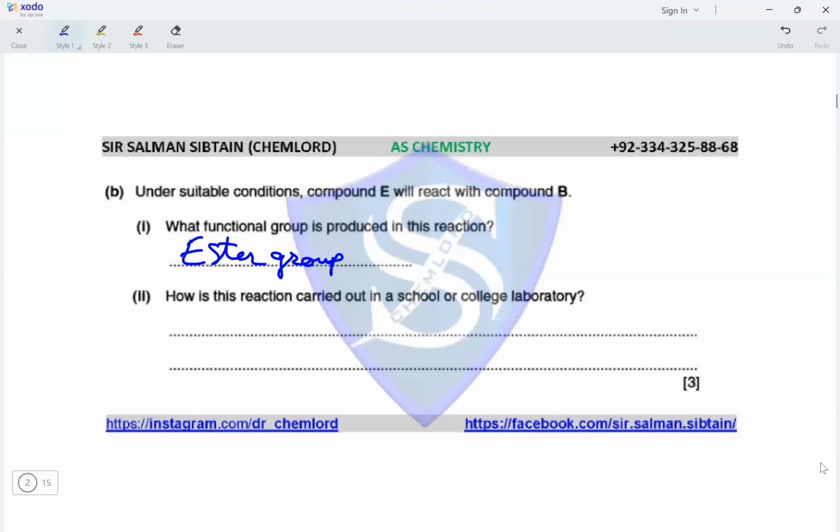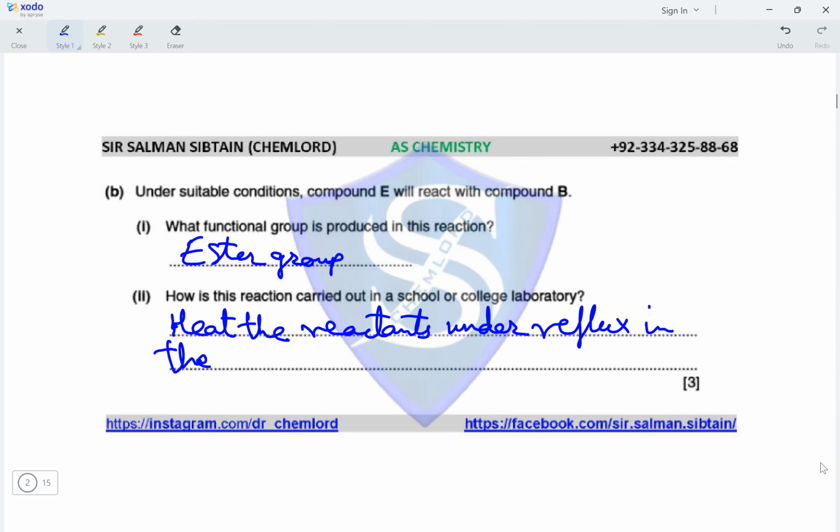How is the reaction carried out in a school or a college lab? So we heat the reactants under reflux in the presence of HCl aqueous as catalyst.